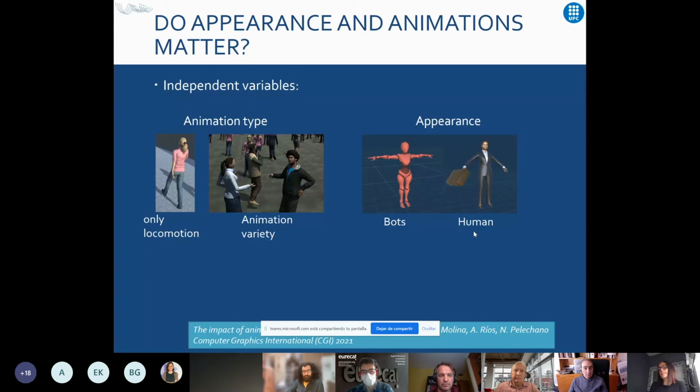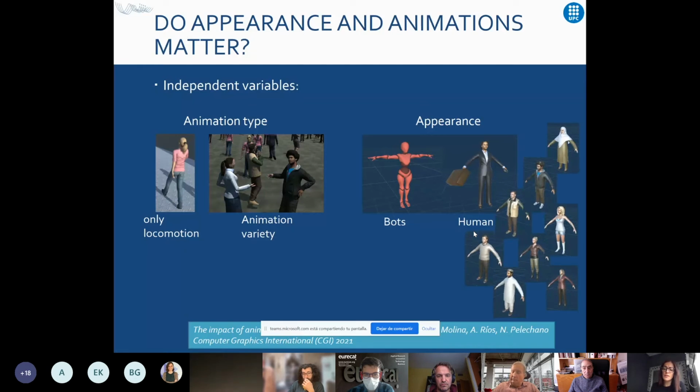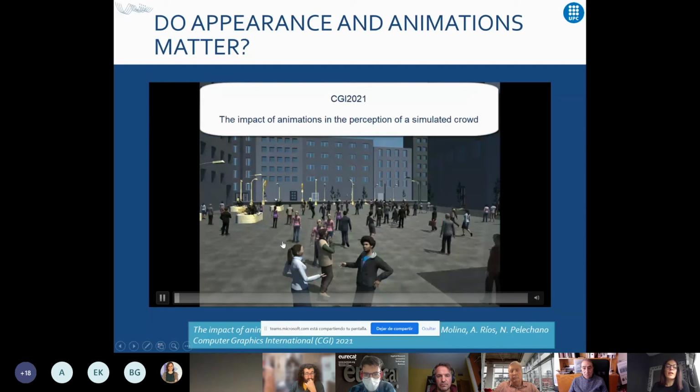And also study the impact of appearance, whether we had only a robot-looking avatar or a human-looking avatar. We used the Microsoft Rocketbox library for this experiment to have a larger variety of characters in the environment. And we compared these combinations of having bots with locomotion, bots with animations, humans with locomotion, and humans with animation variety.